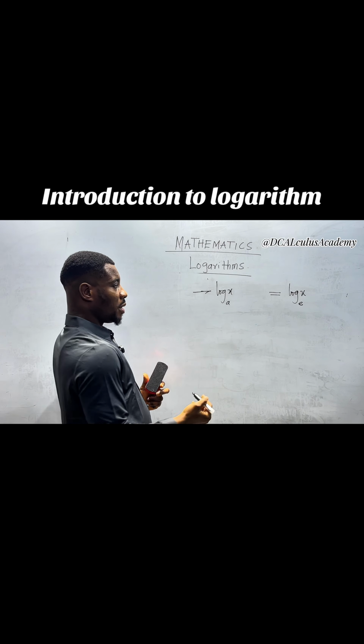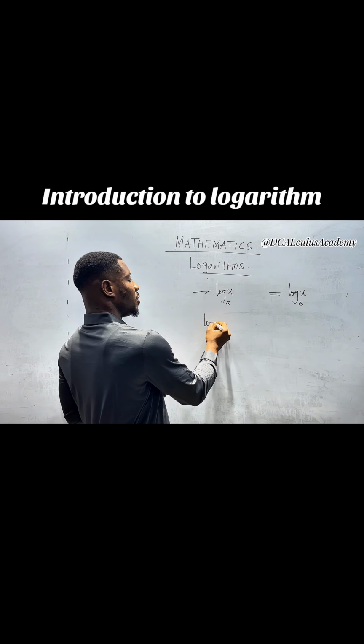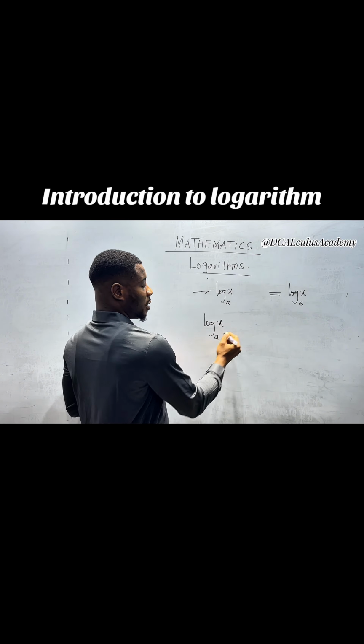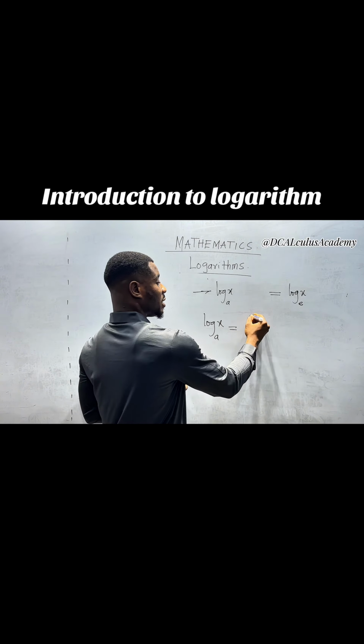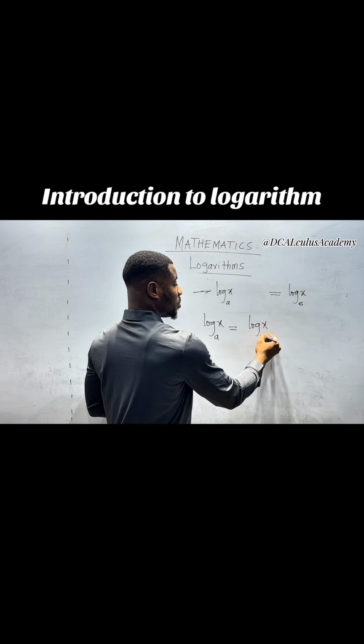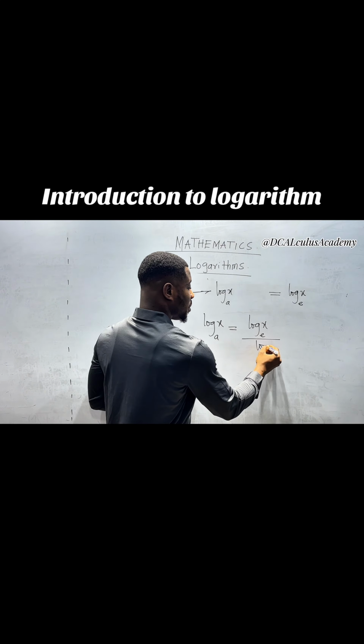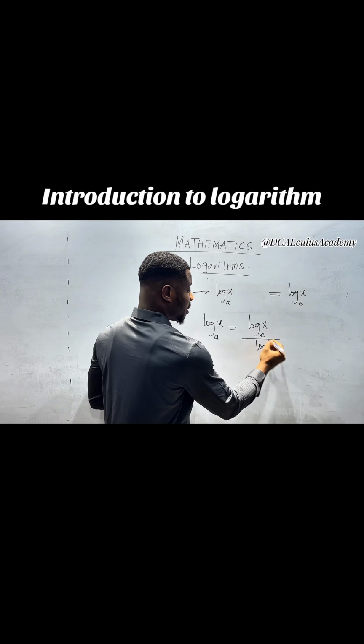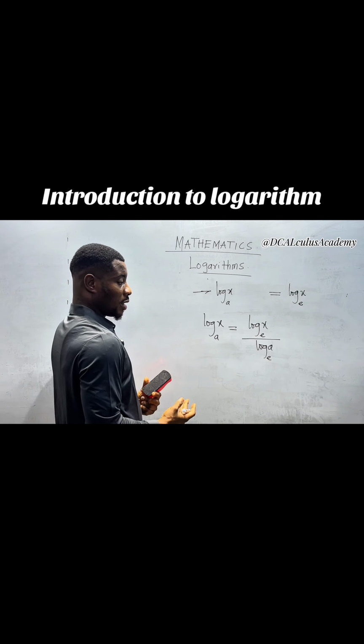If I have log of x to base a, from change of base you could say this is log of x to base e divided by log of a to base e.